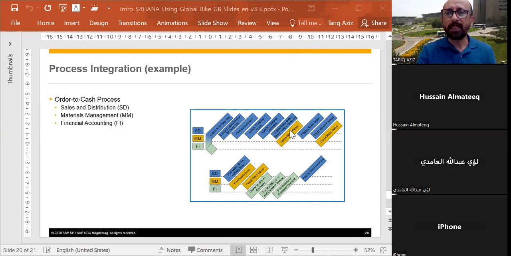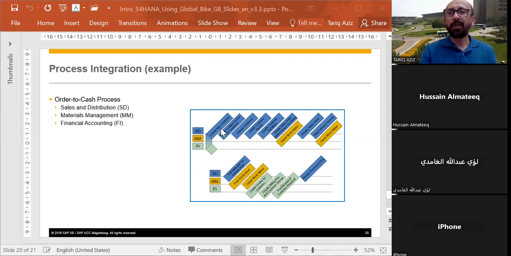This orange color is material management. And this green color is the financial accounting system. So imagine during a sales process, we have 3 different modules. They are all integrated together.